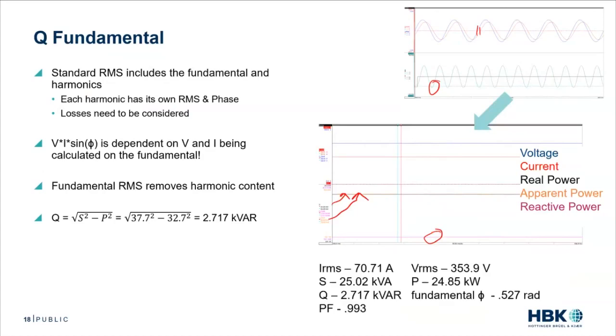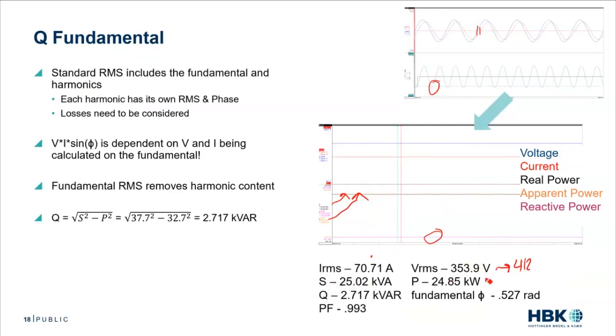And if we run those exact same equations we ran last time, just on data that now has the fundamental isolated, we can see our IRMS decreases, our VRMS decreases from, I believe it was 412. So we have that big decrease here, almost 60 volts. Because our RMS has changed, our S, I times V, is now 25 instead of 30.